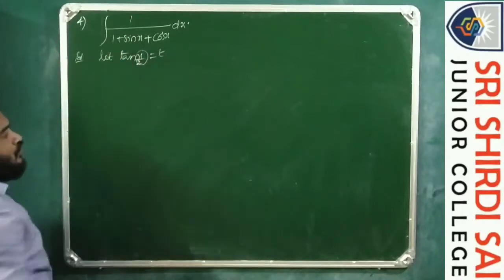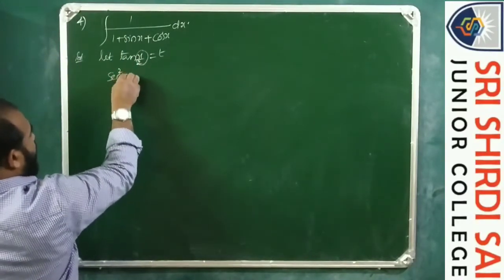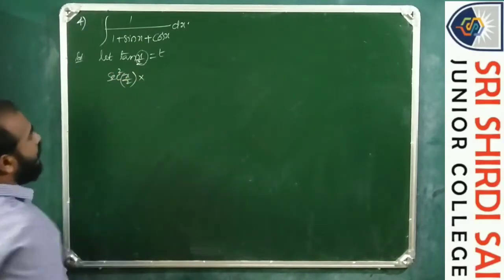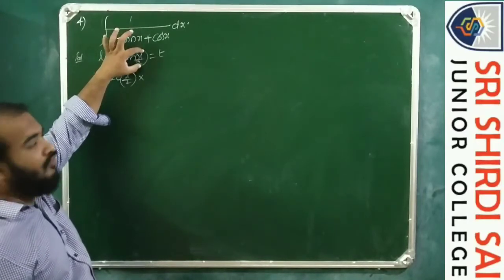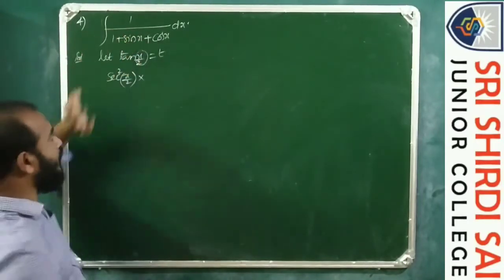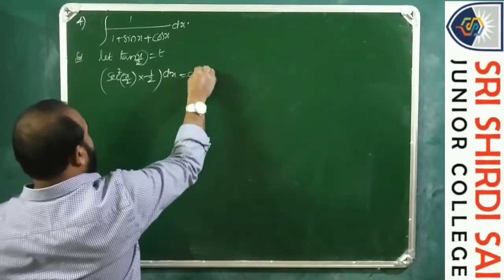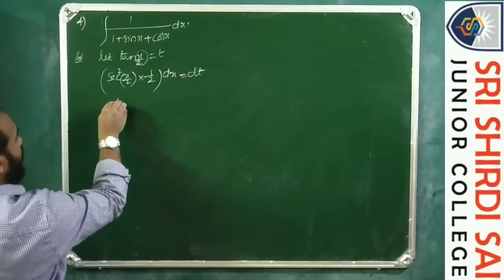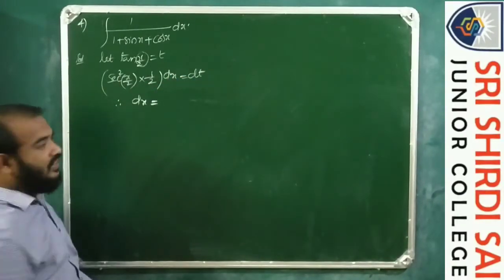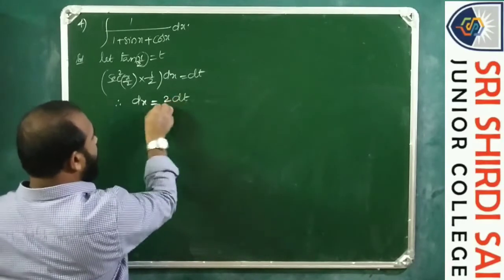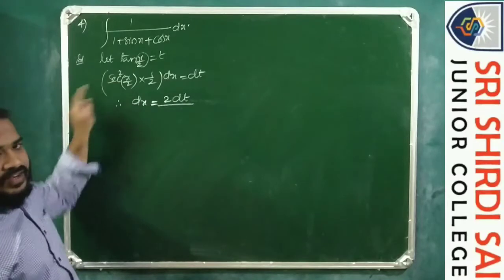So this you take as x. Tan x derivative is secant square. So secant square x by 2 into, since this is x by 2 we have taken, we have to differentiate it. d by dx of x by 2 is 1 by 2, into dx is equal to dt. Therefore dx is equal to, if you transpose onto the other side, 2 dt by secant square x by 2, as it is multiplying, it would be dividing.